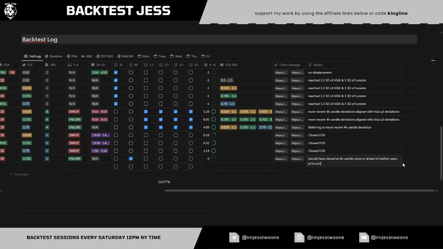Price reverses after 3. After 6 sweeps 3 plus 2 session liquidity and daily open.